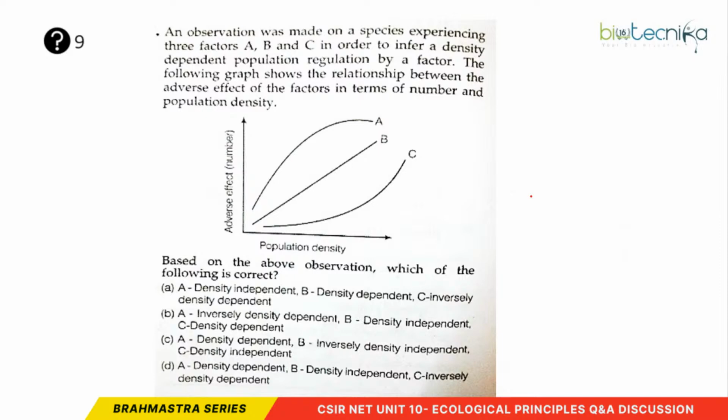Now this question is again a graphical based question. An observation was made on a species experiencing three factors A, B, C in order to infer a density dependent population regulation by a factor. The following graph shows the relationship between the adverse effect of the factors in terms of numbers and population density.